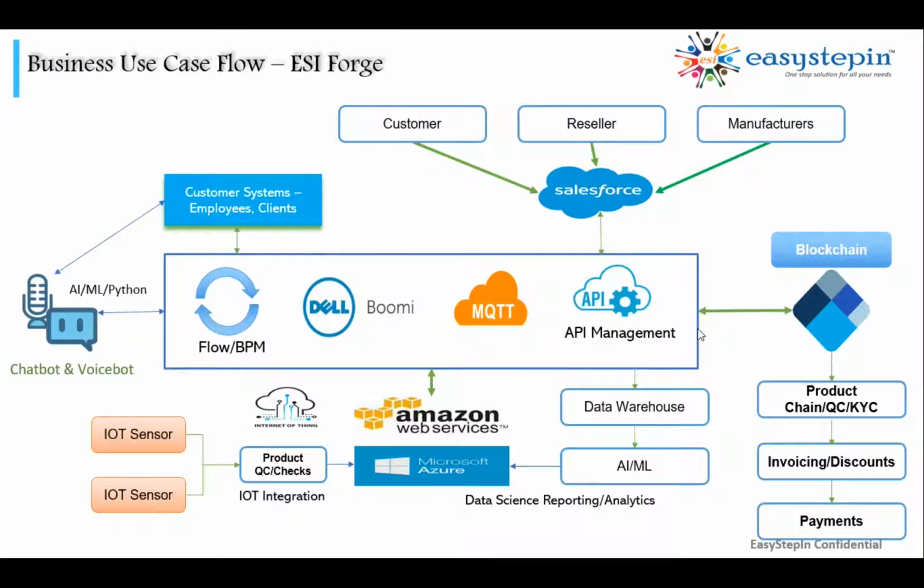IoT sensors capture different parameters such as color, width, height, depth, heat, etc. Once the IoT sensors capture those parameters, they send them to Boomi via the MQTT protocol. We can build a few predefined logics, and we also make sure the product has been verified properly with the required QC.